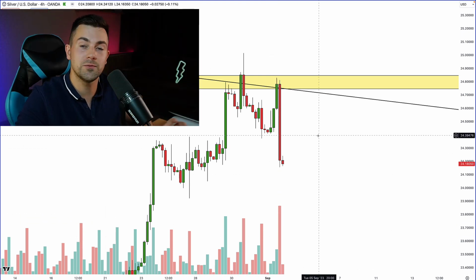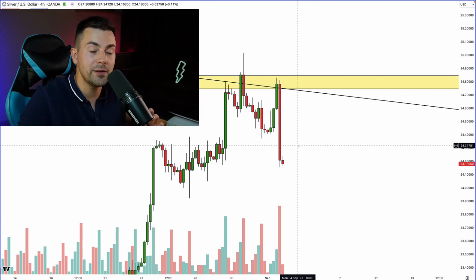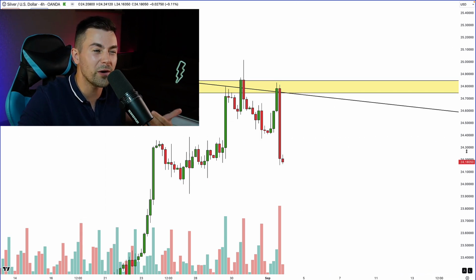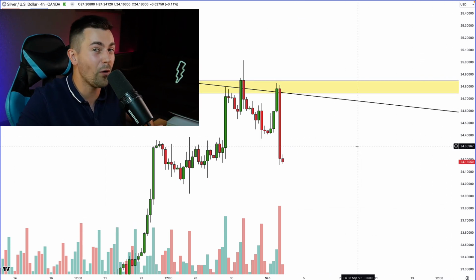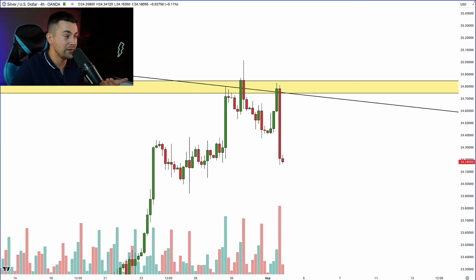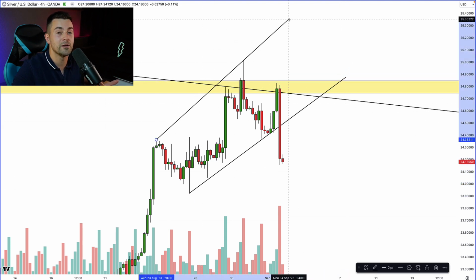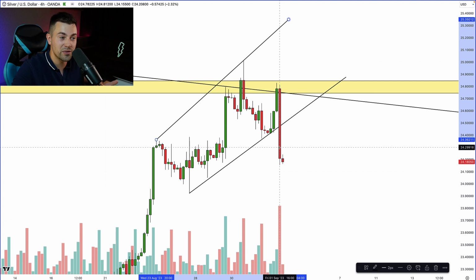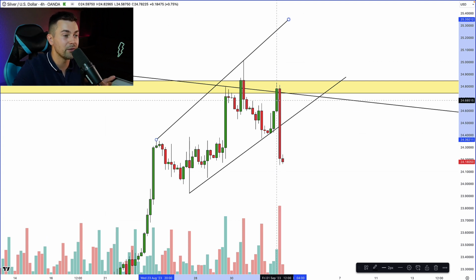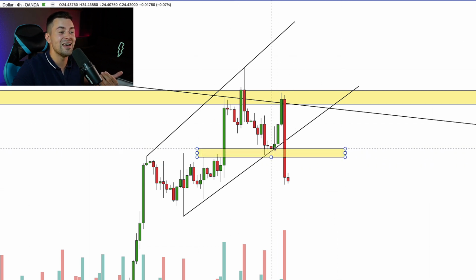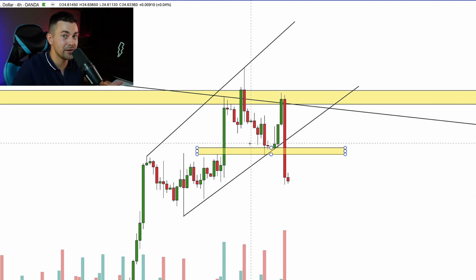And here, once you have spotted such a zone, your main task is to monitor the price action, and you should look for the signs of strength of the buyers or the sellers. And here on silver, analyzing the price action, we can spot that first of all, here we got a rising channel, and you can see that with this bearish candle, the market violated the support of the channel. Also within the channel, the market formed the double top pattern, a classic bearish pattern.